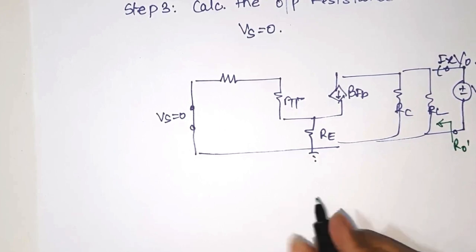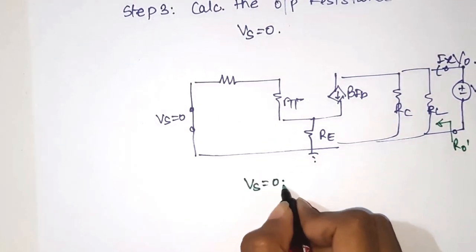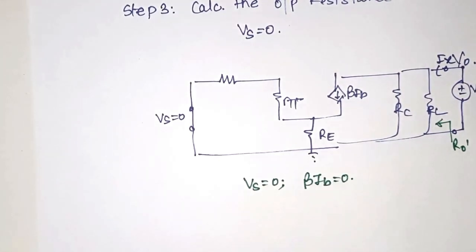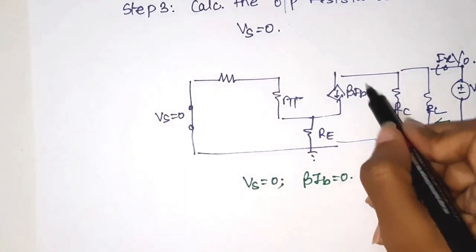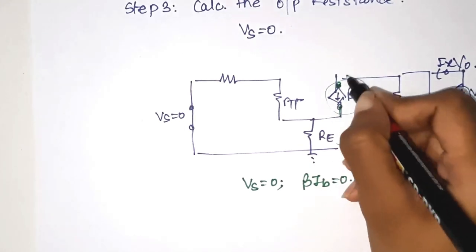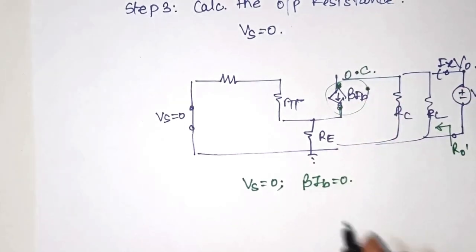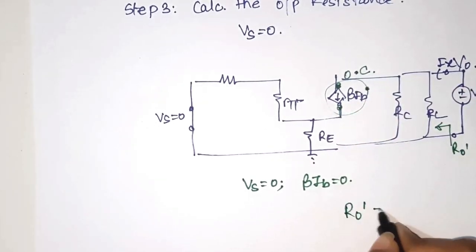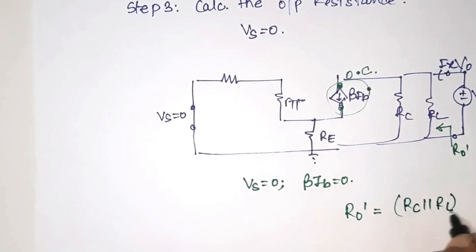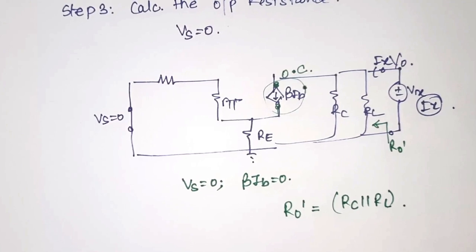Since we have considered Vs as 0, the current Ib will be 0, so beta Ib also becomes 0. So the dependent current source will be replaced by an open circuit, and therefore the value of RO dash that we get will then be RC parallel RL. Okay, I hope you have understood this.